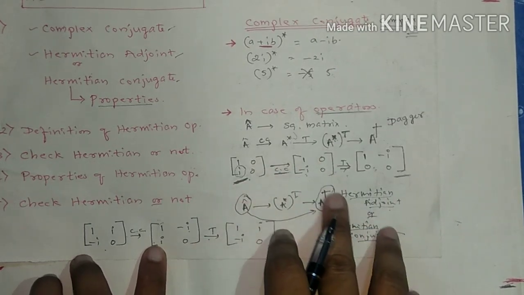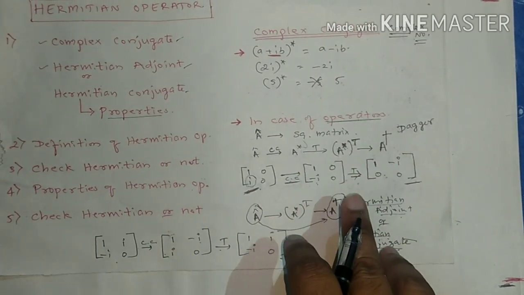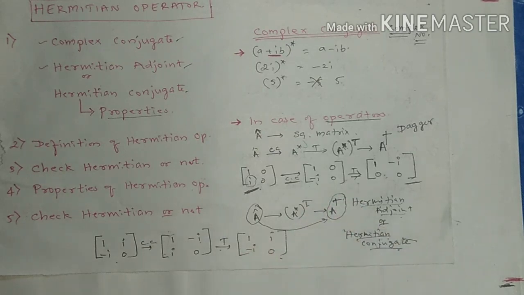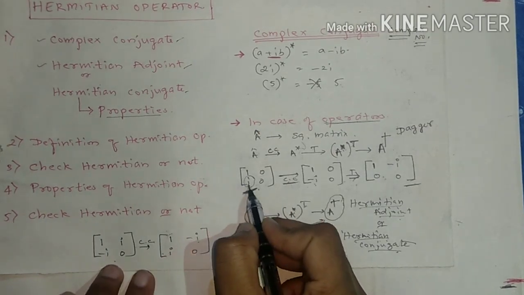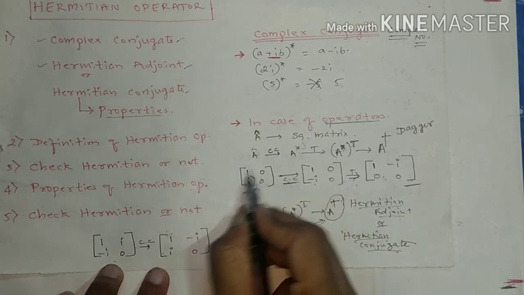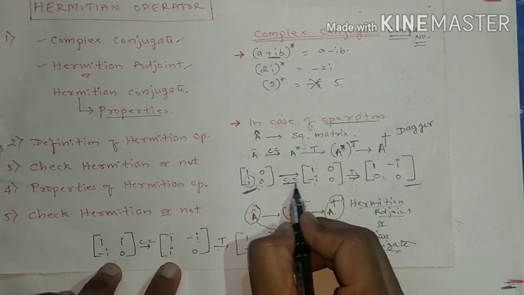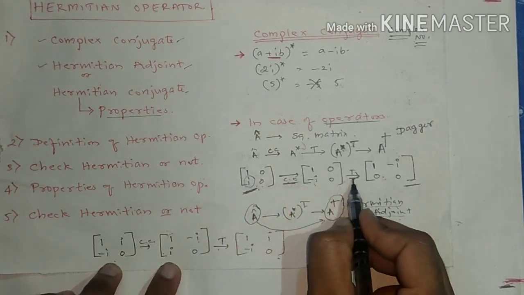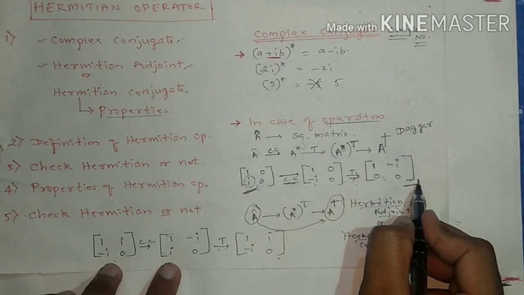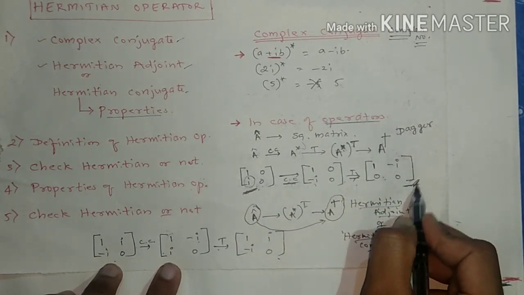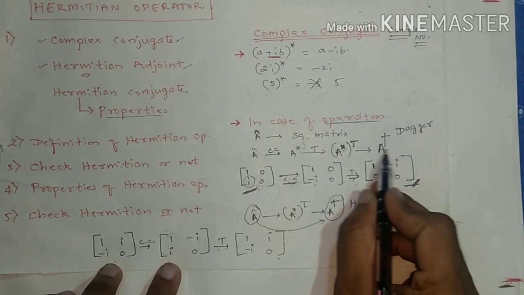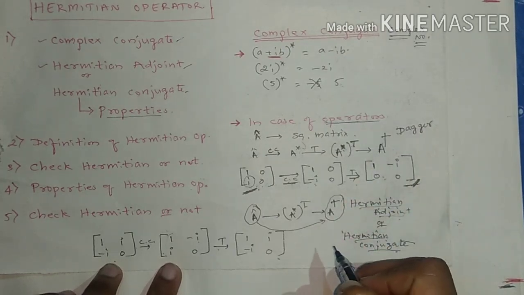After understanding this, I feel the definition of a Hermitian operator is now very simple. We have seen that if you take an operator A in matrix form, and do two operations, complex conjugate and transpose, we get some other matrix, which is called the Hermitian adjoint.